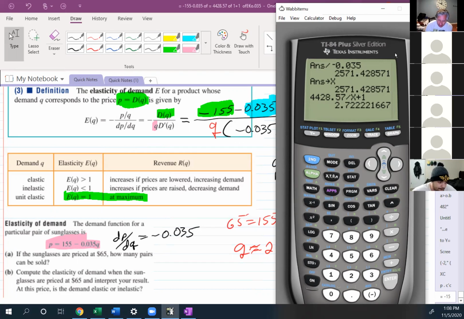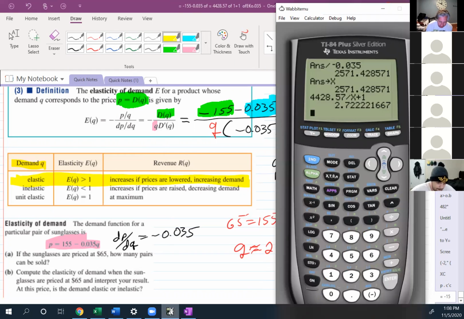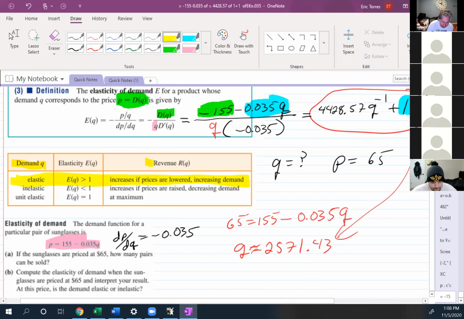I've got an output that's bigger than 1. So I'm going to read you the answer. My demand is elastic because my elasticity is 2.722, telling me that my revenue will increase if prices are lowered, causing an increase in demand.